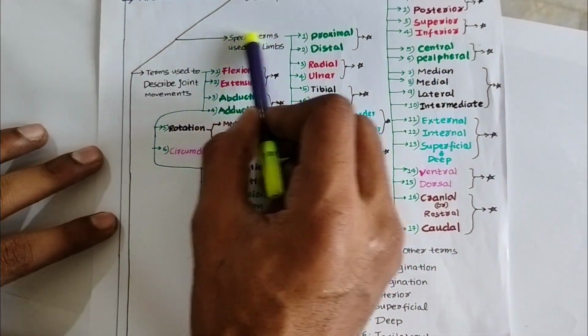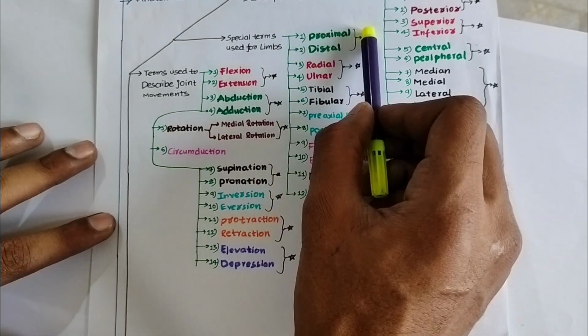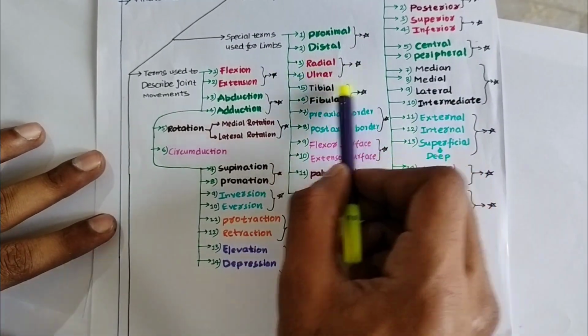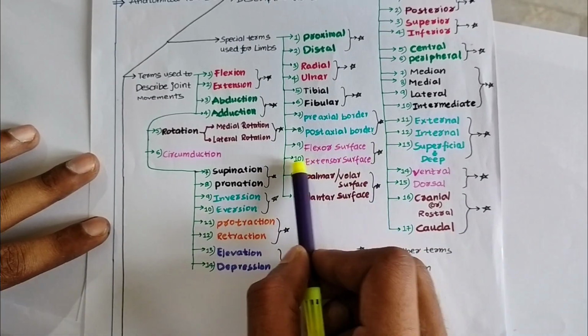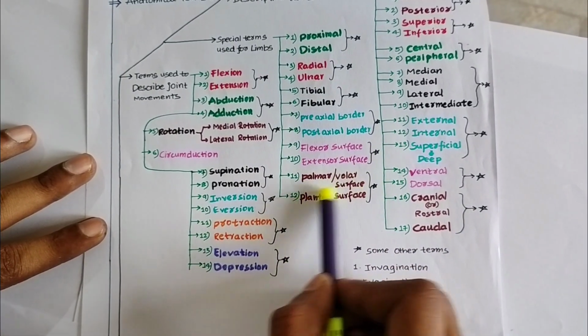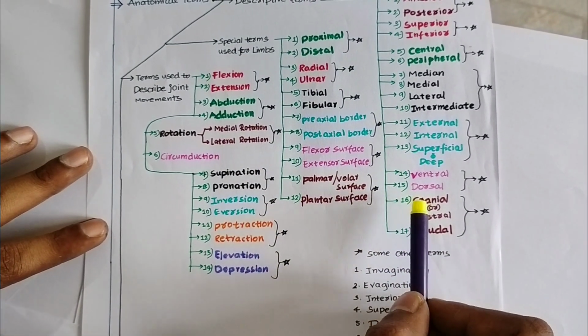And if you see the special terms used for the limbs: proximal, distal, radial, ulnar, tibial, fibular, preaxial, postaxial, flexor surface, extensor surface, palmar surface, volar surface, plantar surface.